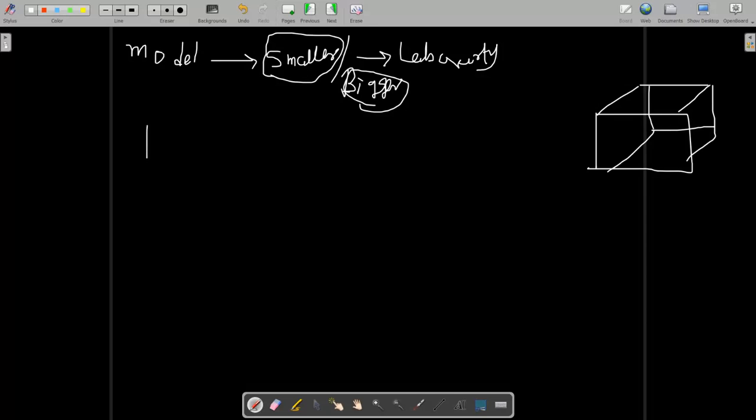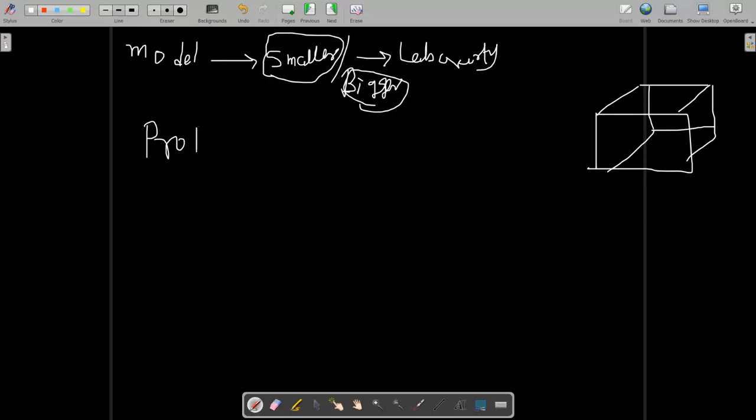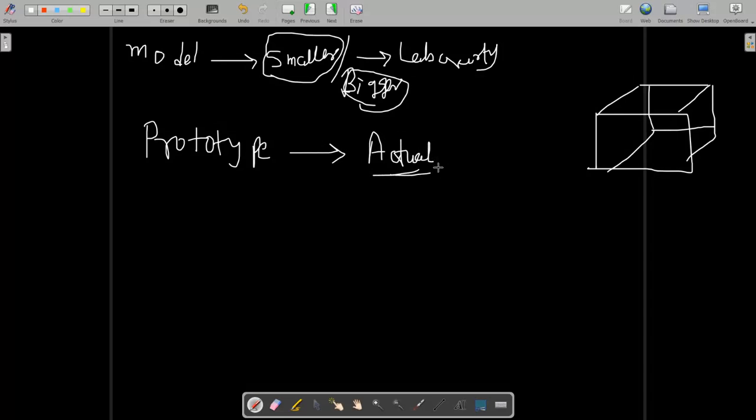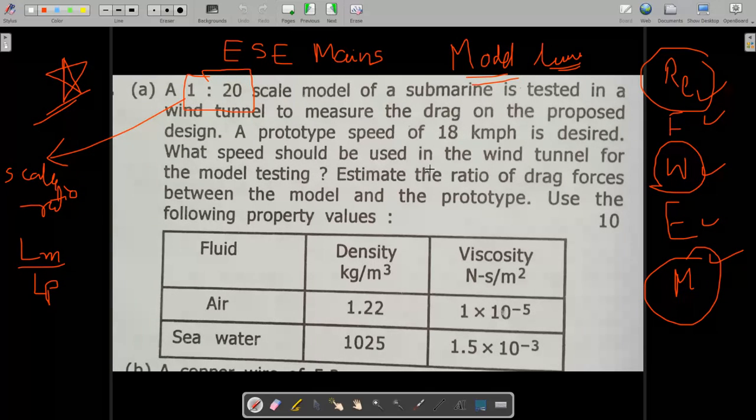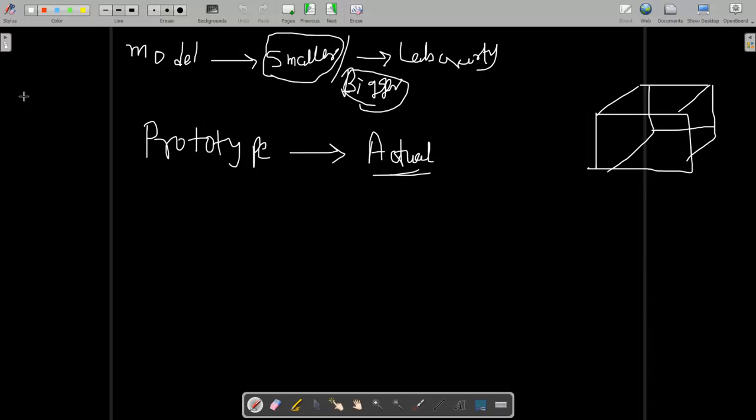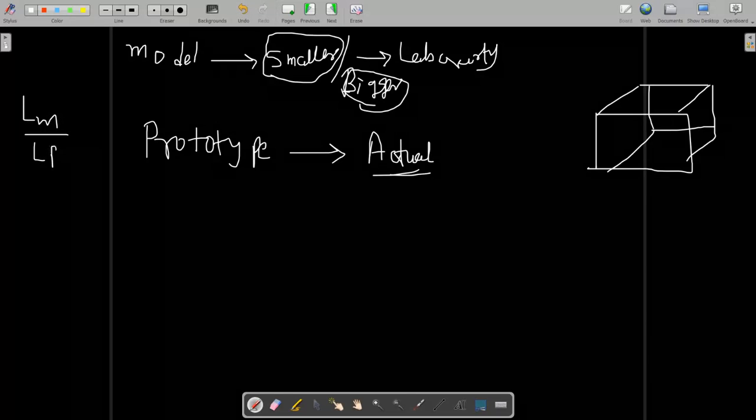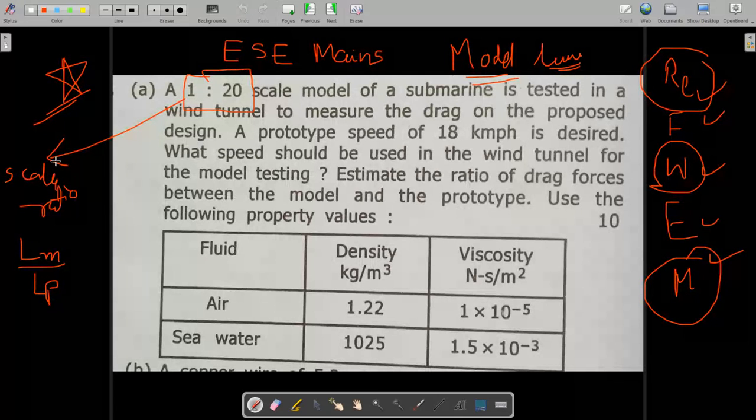Prototype here means the actual. This is the sign convention and nomenclature. 1:20 means the length of the model upon the length of the prototype is 1:20. That means the prototype, the actual object, is 20 times greater than the model.